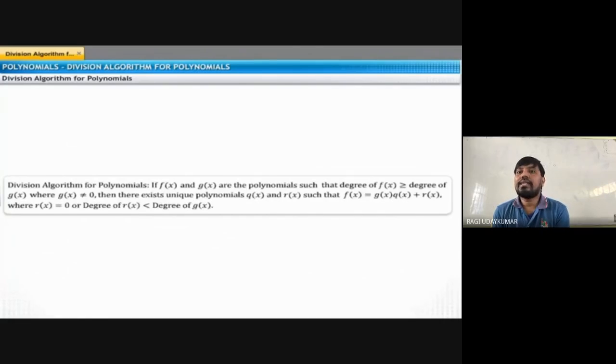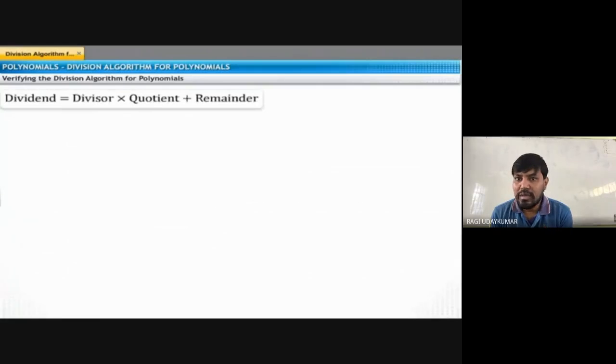One of these two conditions must be satisfied: either the remainder polynomial is equal to 0, or its degree is less than the divisor's.